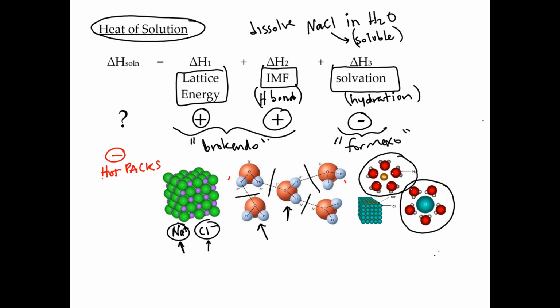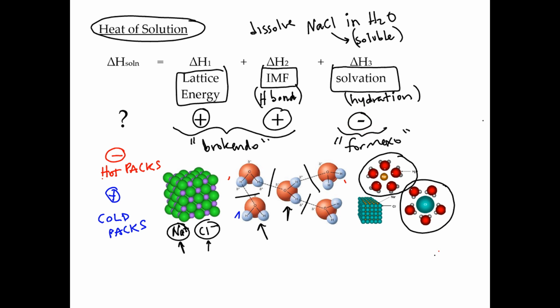Contrast that, if you have a positive answer for your heat of solution, that's going to be like a cold pack, which you might get for an injury. Use one of those chemical ice packs. Those packs are cold because they are positive in their heat of solution, and that's going to be either because their lattice energy is so large or their solvation is so small.